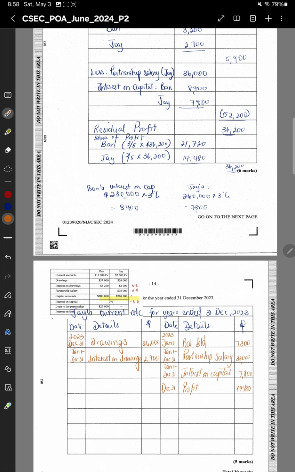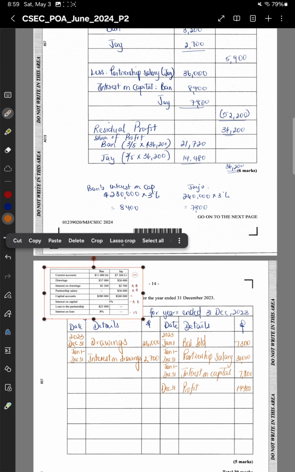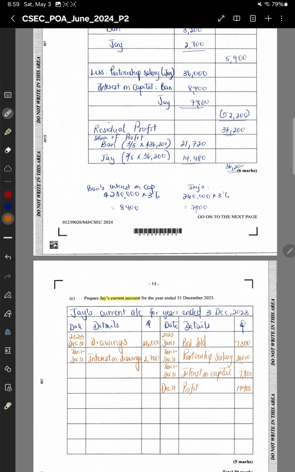That's about it. They did not say whether to balance the account or not, so to be on the safe side, let's just balance it. On the debit side we have 28,700. Please write with pencil so you can always remove it.